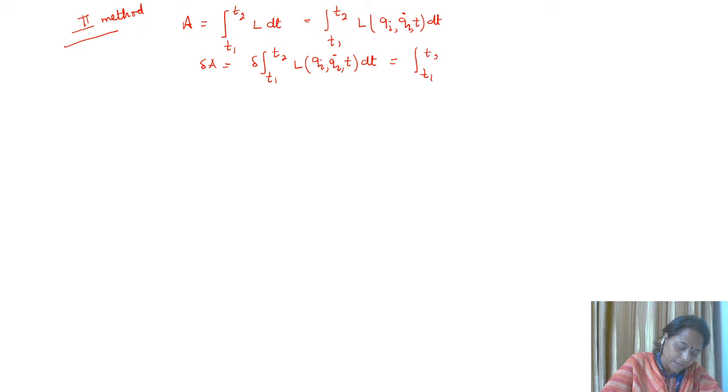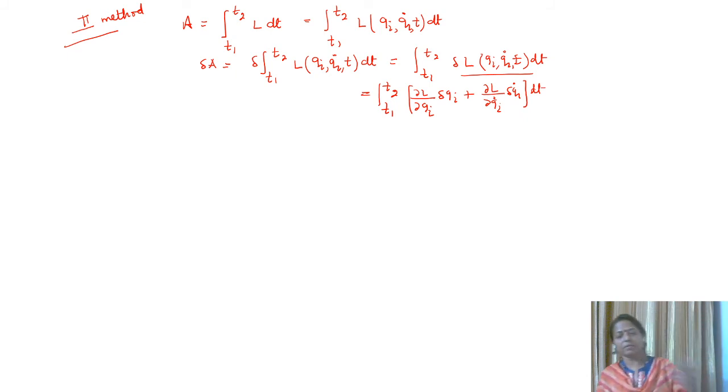Enter this delta inside, operate on L. You again will define the paths and then write it as T1 to T2 of delta L by delta qi delta qi plus delta L by delta qi dot delta qi dot dt.